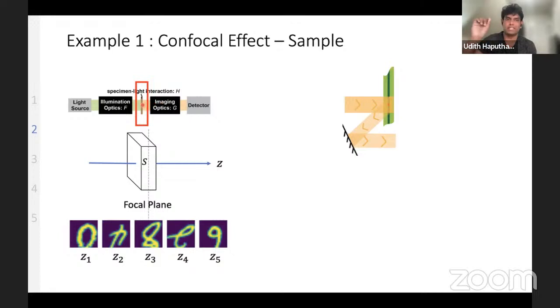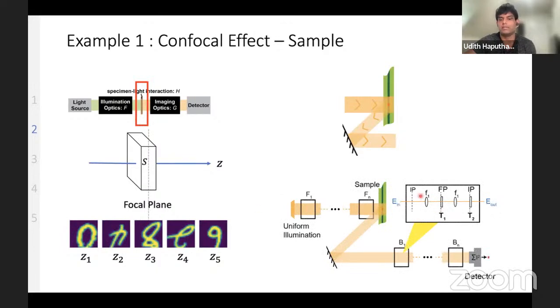That is the specimen light interaction that is specific to mimicking the confocal effect. So this is the complete setup.